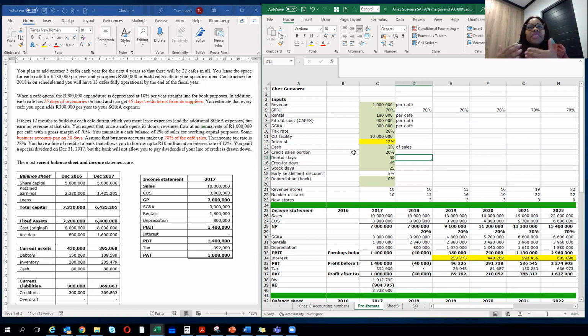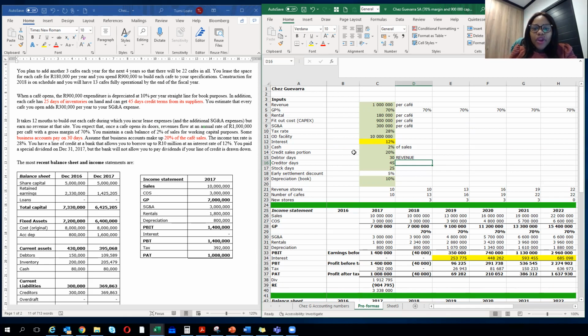So whenever I'm thinking of which two accounts link together, when I think of debtors days, I immediately need to think of revenue. It ties together with my revenue. Okay, I've made a certain percentage of sales that year. Some of it was cash, some of it was credit, my entire revenue. But when they're saying debtors days, you've allowed some people to take stuff on credit, it relates to the revenue portion that you've allowed for people to take on credit. Debtors talks to your revenue.